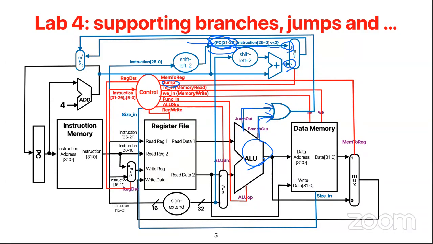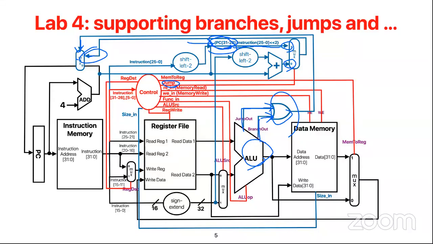If any of these is true, which is why we have an OR gate here, we are going to use the input from here to decide the next PC instead of PC plus 4. That's this part of the logic, and with it we are able to support jump and branch instructions. That's the main addition we need to do in Lab 4.